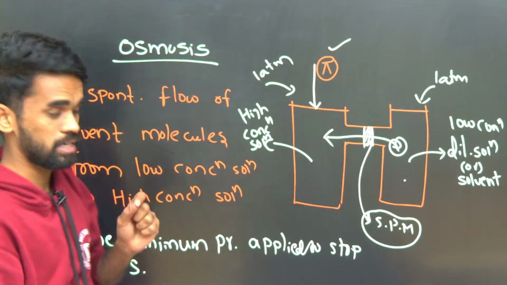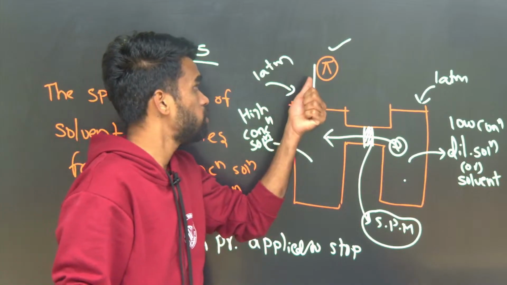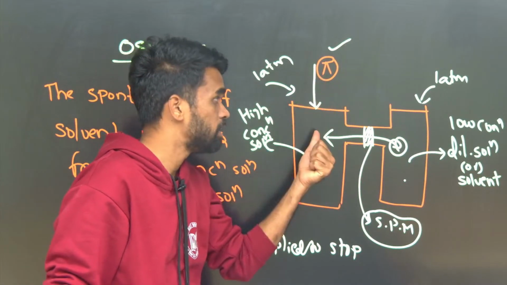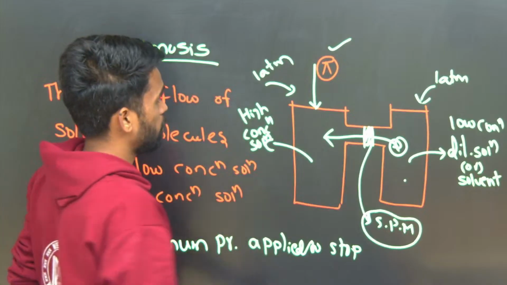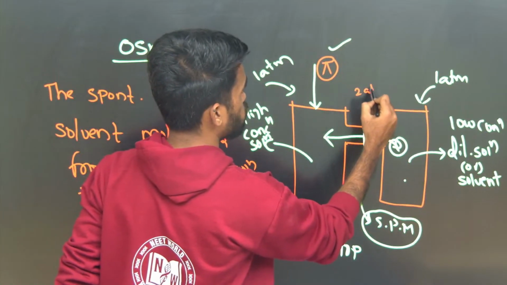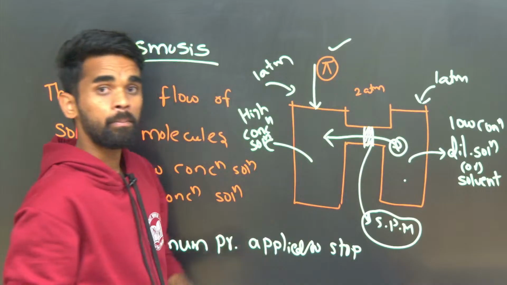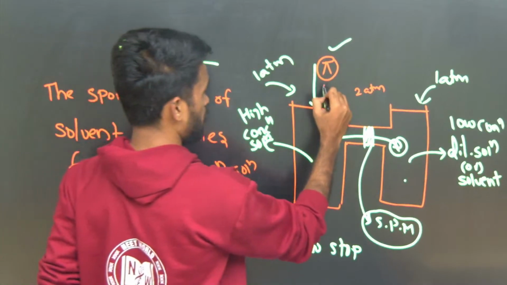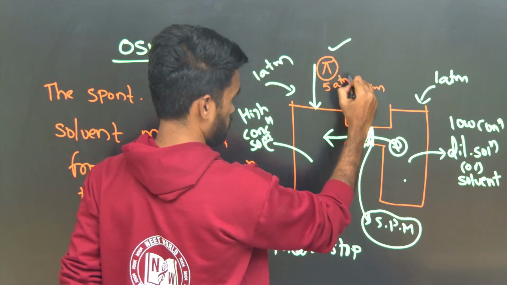Now what if we apply more pressure on this side? For example, 2 atm of pressure is required to stop this osmosis process, but I am applying 5 atm, an extra pressure.